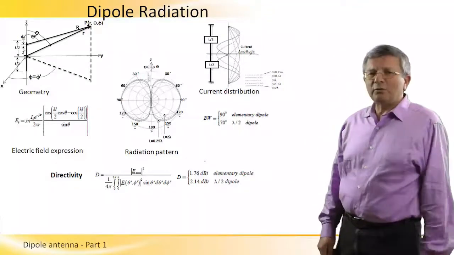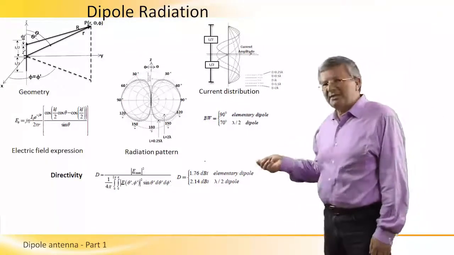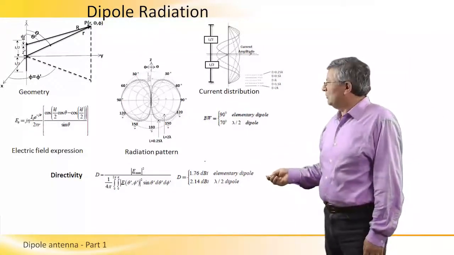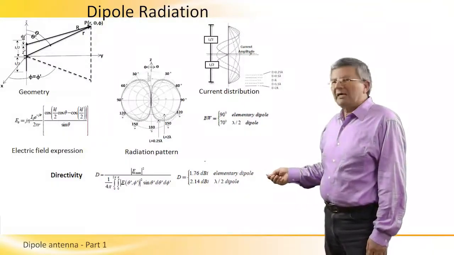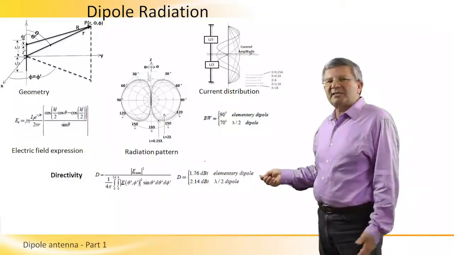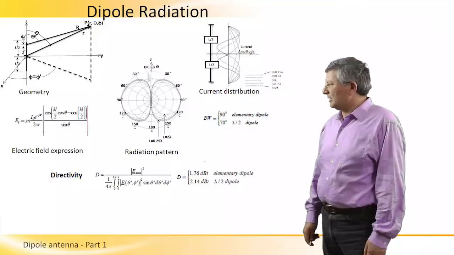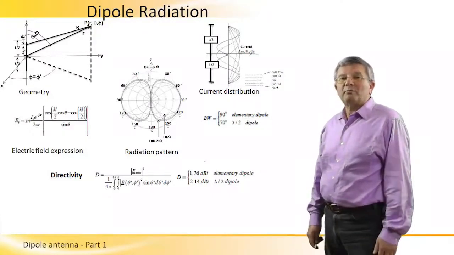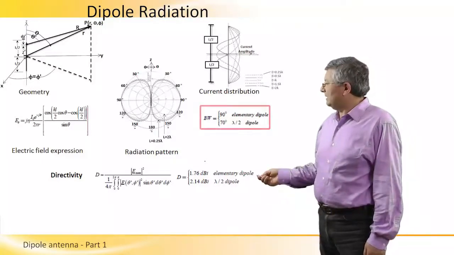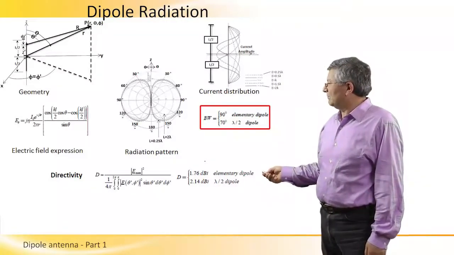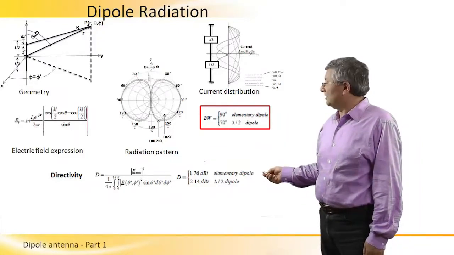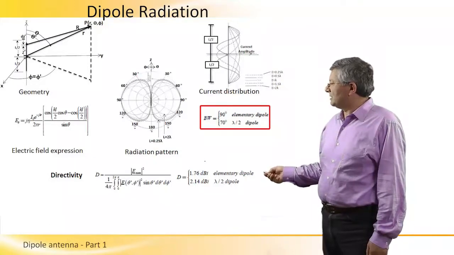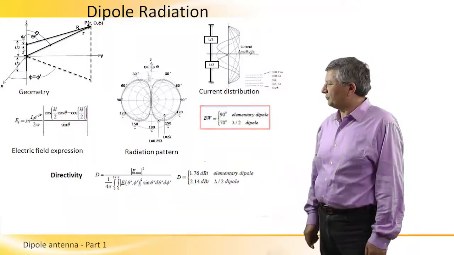For the radiation pattern, the angular sketch of the electric field, we define beam width, which is the angular extent for which the power drops to half, or minus 3 dB. In the case of the elementary dipole, the beam width is equal to 90 degrees. And in the case of a lambda over 2 dipole, the beam width is equal to 70 degrees.